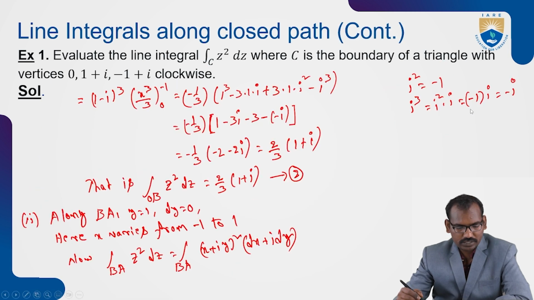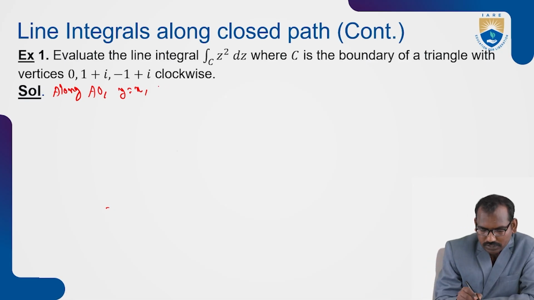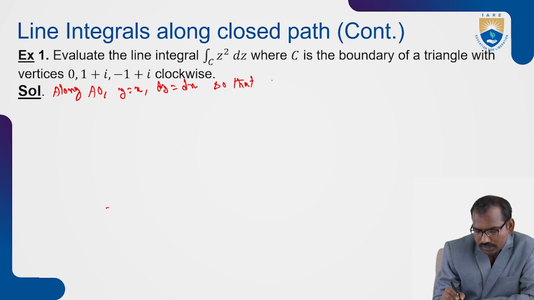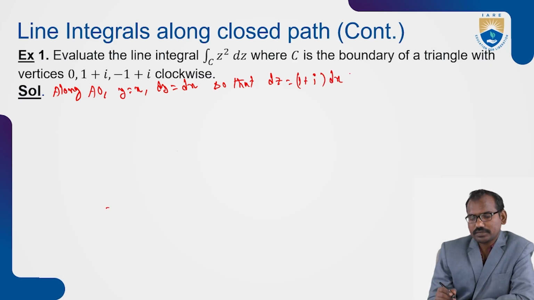This path we can represent as y equals x. So the derivative of y will be dx only. Okay, so that dz will be (1 plus i) times dx.